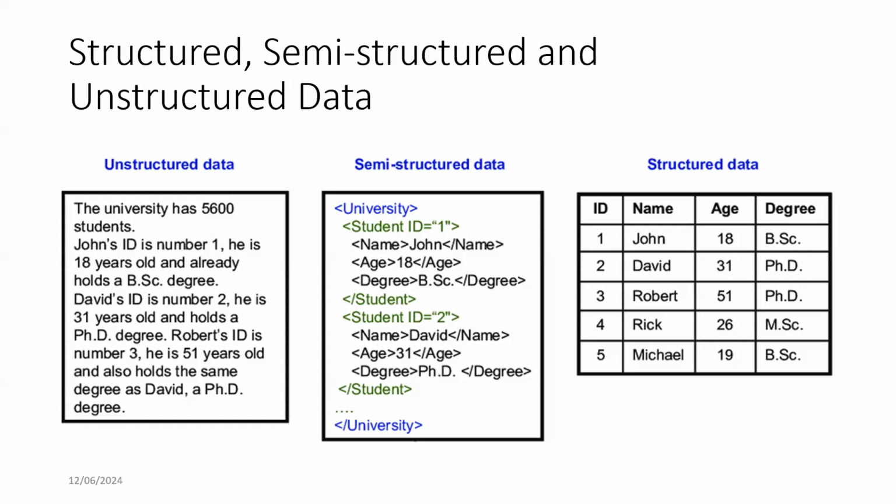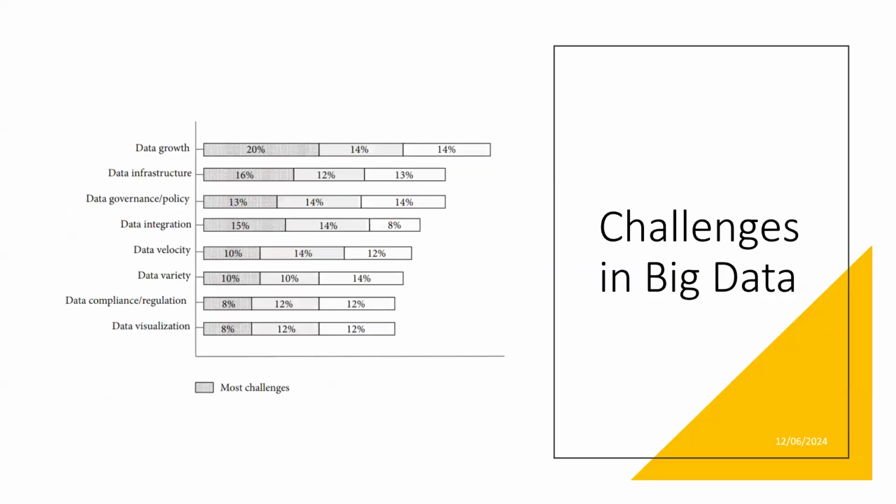Right, now that we have talked about the different structures, let's move on to the challenges. Challenges in big data. There are many challenges, and according to this figure, which I have again taken from the textbook, the most challenging part is data growth.